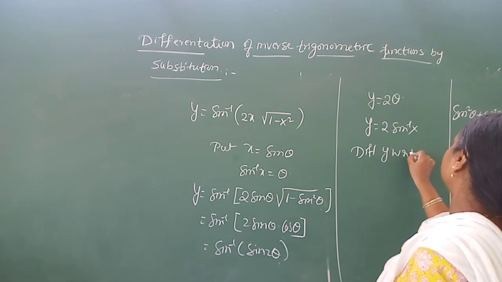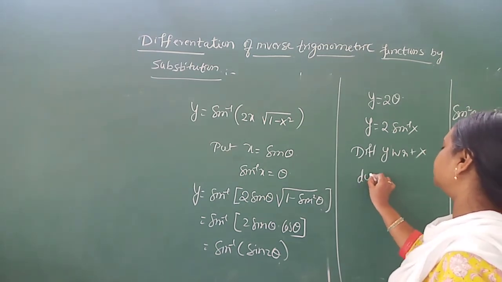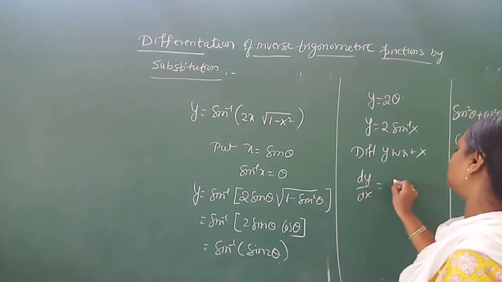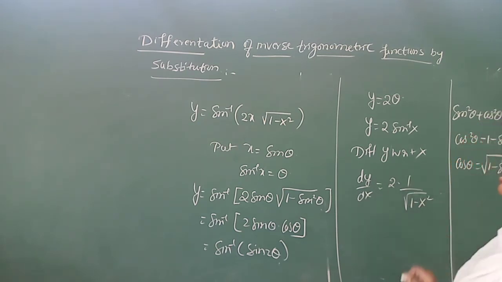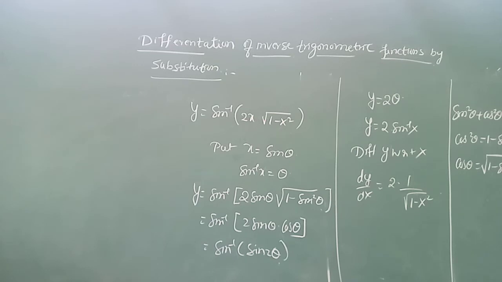Then do the differentiation. Differentiate y with respect to x. You get dy by dx. As it is, differentiation of sin inverse x is 1 by root of 1 minus x square. In this way we can do the example.